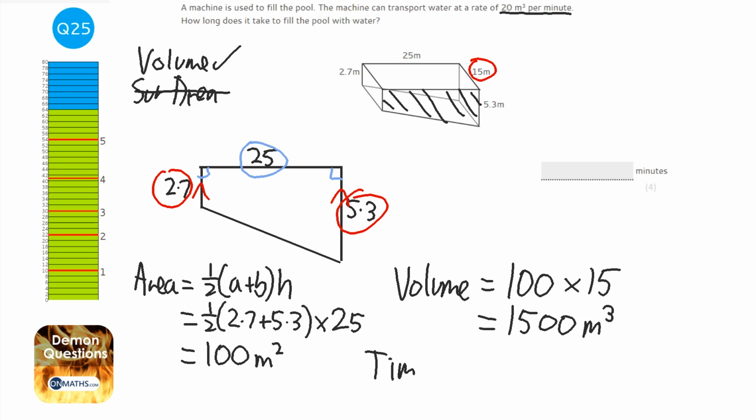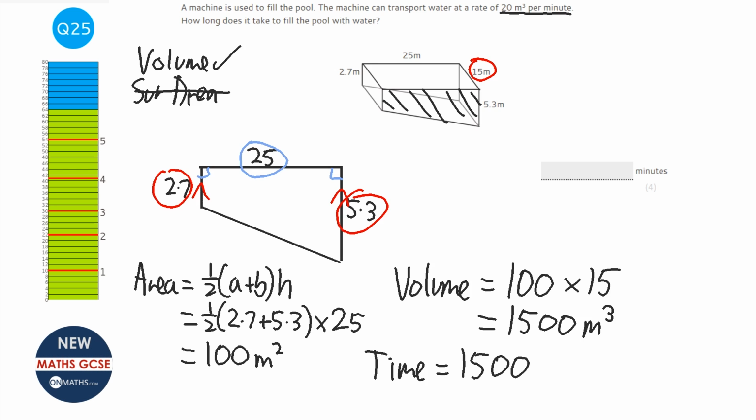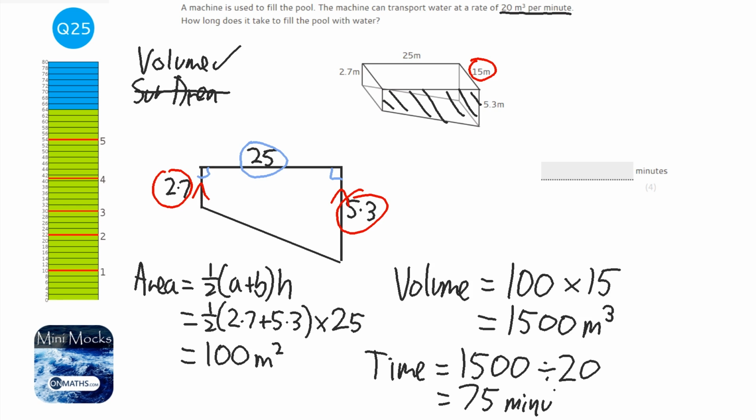So we can say time equals, so this is how much it's got to fill, and this is how much it does per minute. So on the calculator, 1500 divided by 20, which equals 75 minutes. So it's going to take 75 minutes to fill the pool.